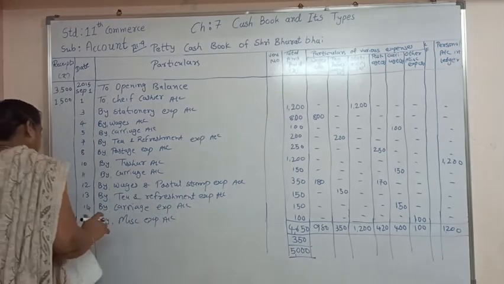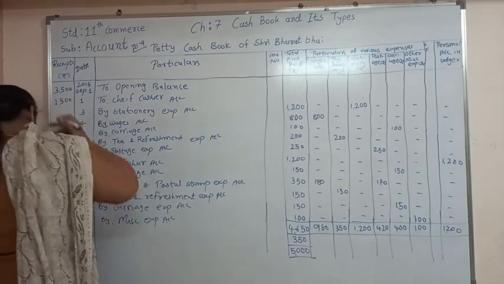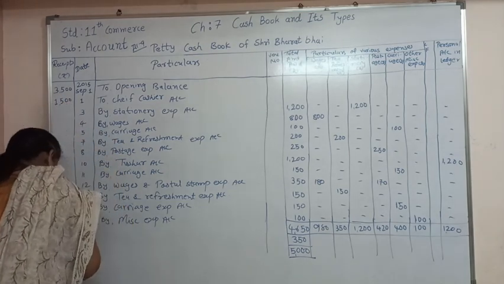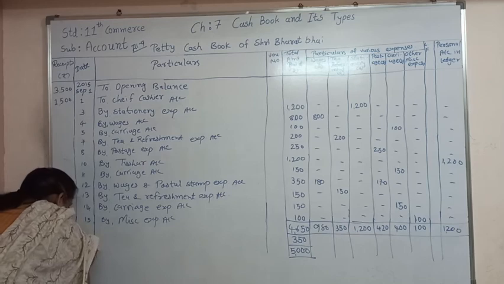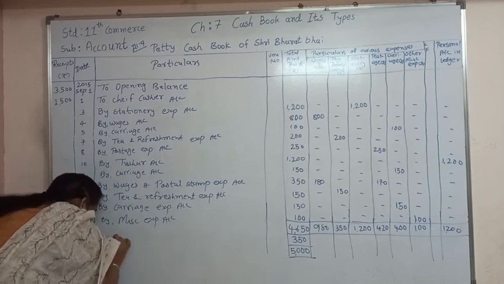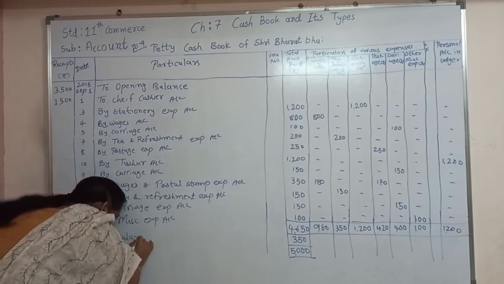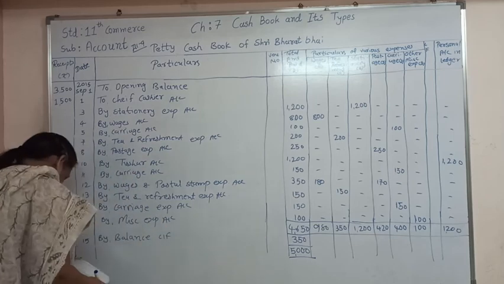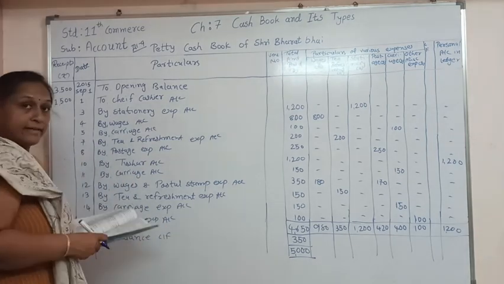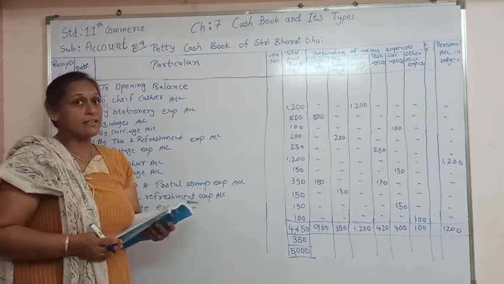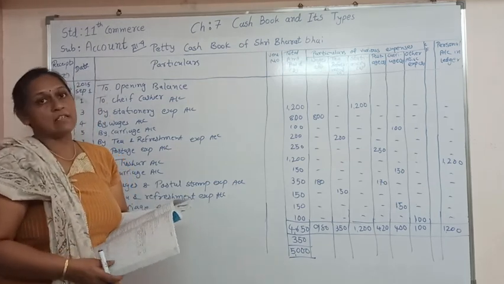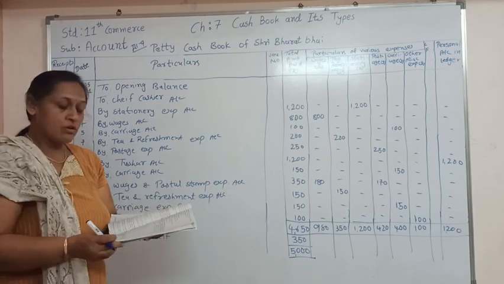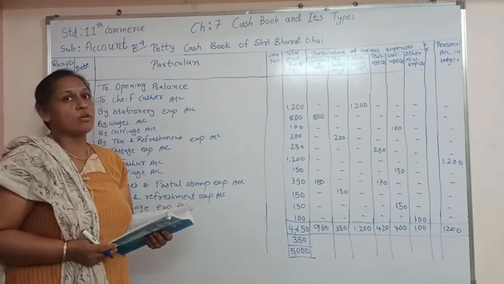So here we write "By balance carry forward" on 15th. This 350 we are going to take to the next fortnight as the balance. So this is how we are supposed to prepare the petty cash book.